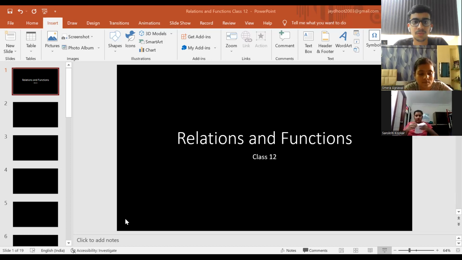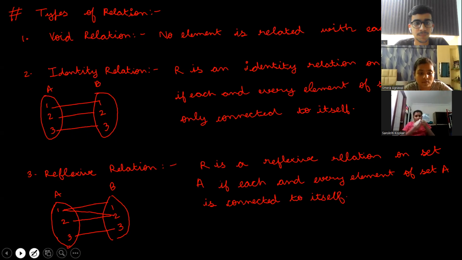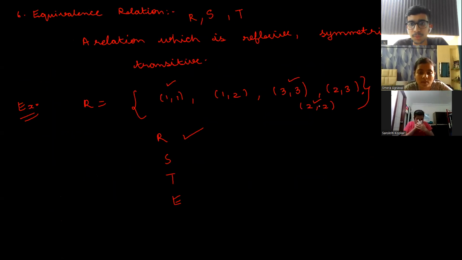Right. So 2 comma 2 must be there. वो क्यों? क्योंकि यहाँ 2 comma 3 लिखा हुआ है, right? So 2 belongs to set A in this case. So 2 comma 2 must be there.